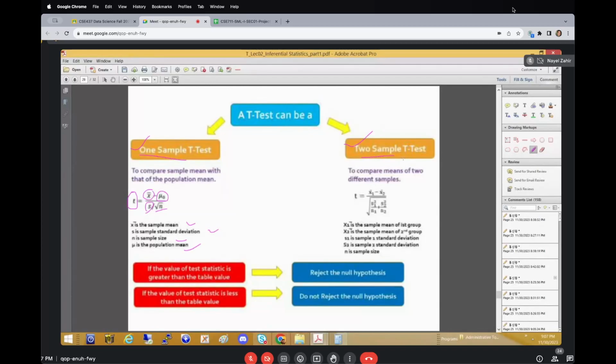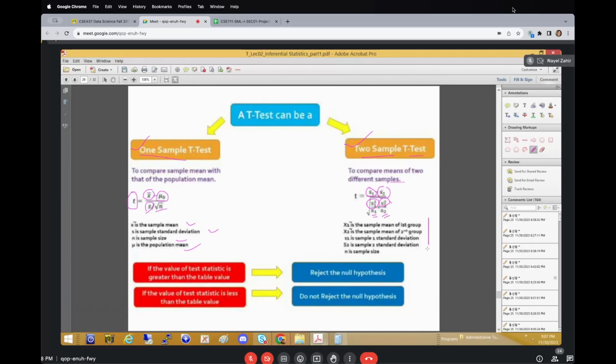If we have a two sample t-test, then to compare the means of two different samples, we take the mean of the first sample minus the mean of the second sample, divided by the square root of s1 squared over n1, the variance of the first sample over the number of elements in the first sample, plus s2 squared over n2, the variance of the second sample over the number of elements in the second sample.